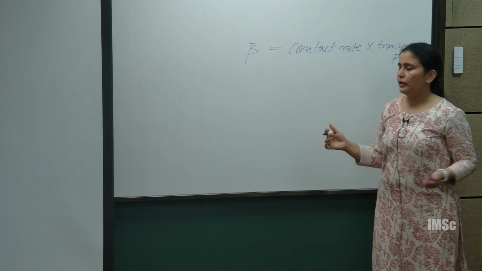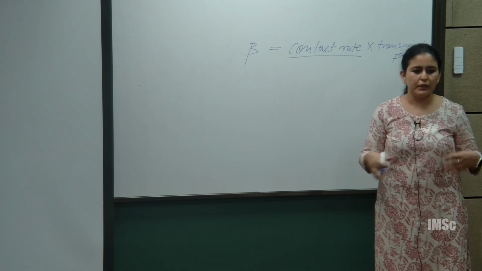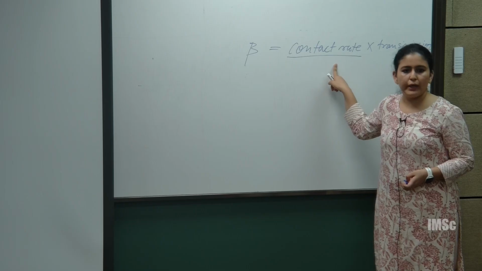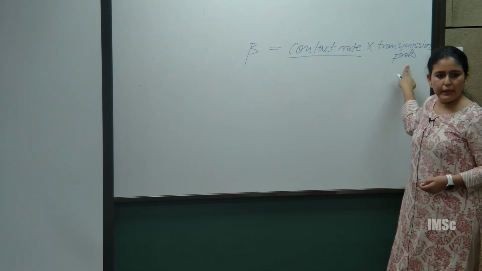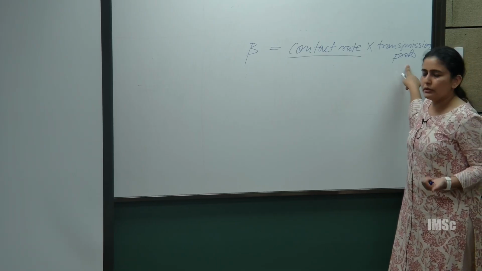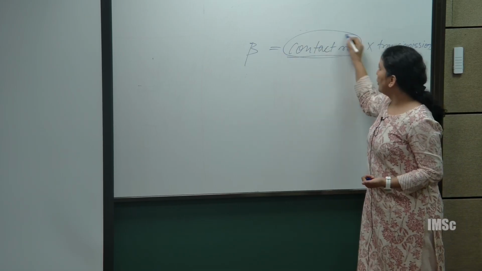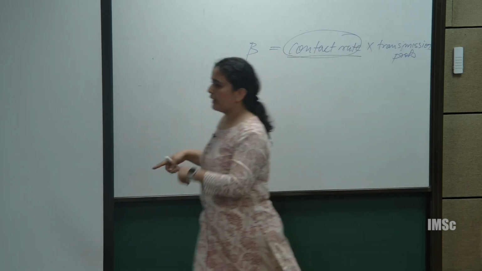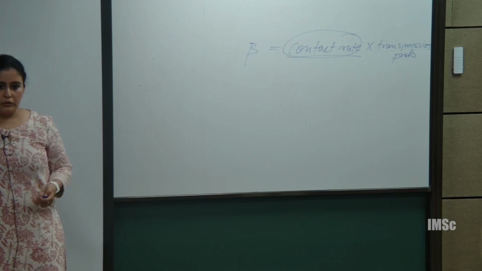Then if I start taking precautions, meeting fewer people and going out less, my contact rate will change. On average a person will meet fewer people. The transmission probability remains the same: if you happen to meet an infected person, the probability of you catching infection is the same. But the contact rate gets modified, and that's how beta also gets modified, and obviously that beta is coming into the model.